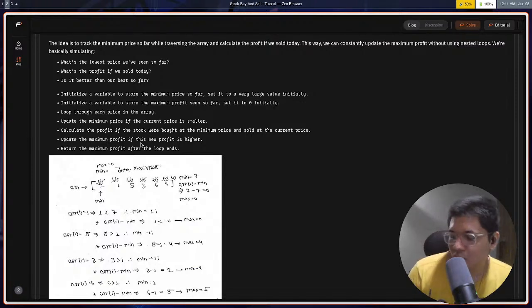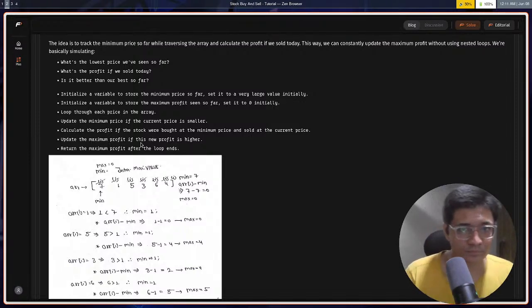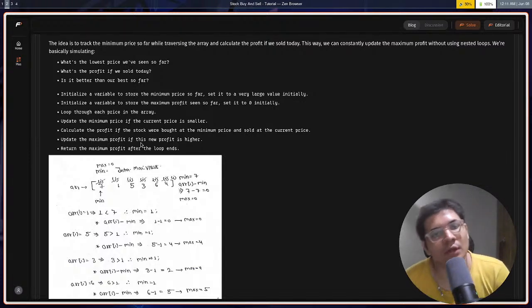So we are taking two things: minimum price seen so far and maximum profit seen so far. Loop through each price in the array. Update the minimum price if the current price is smaller.